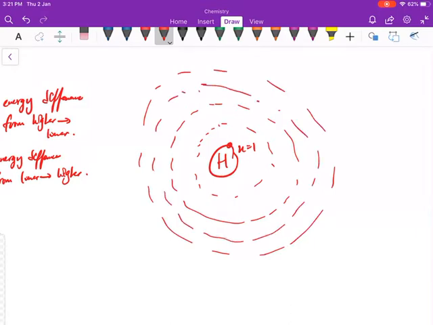If you give it the exact amount of energy, and it must be exact, I will explain why later, the electron can jump and be excited to a higher energy level. So let's say n equals 126. It doesn't matter which energy level, because theoretically there are infinitely many energy levels.